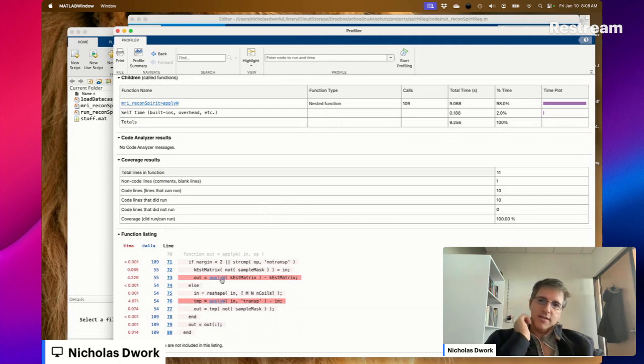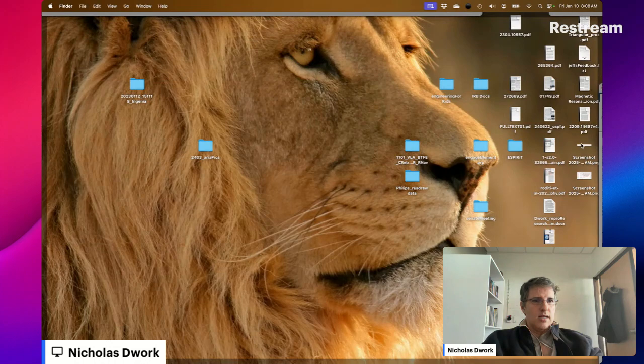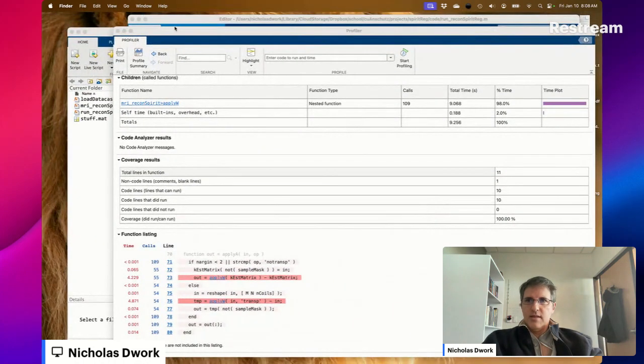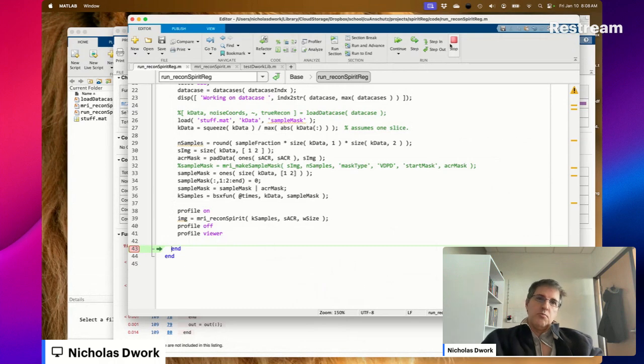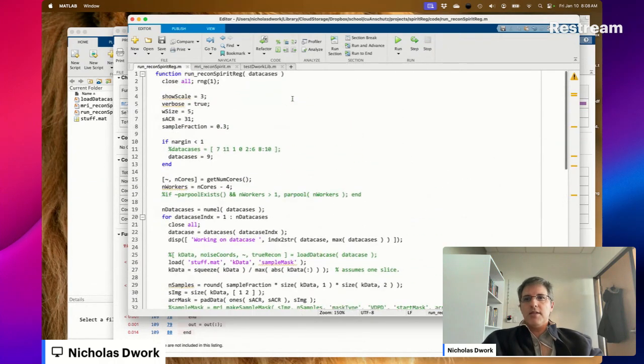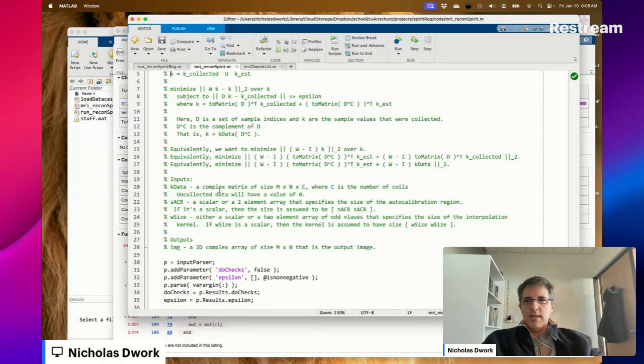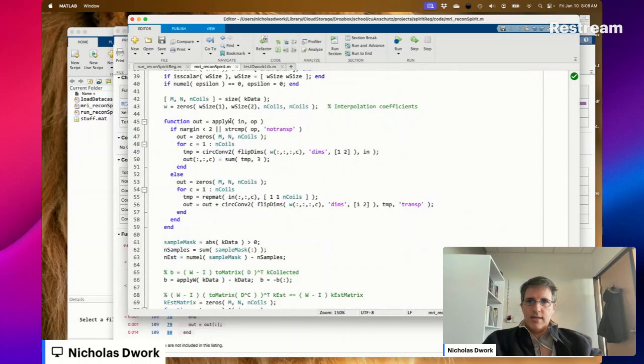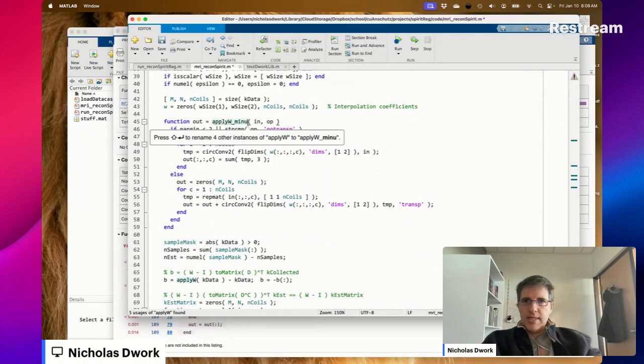And I'll bet you that we can make that ever so slightly smaller if we get rid of the subtraction. I like efficiency, so let's do that. At least we'll have done something today. Apply W minus I. Oh.